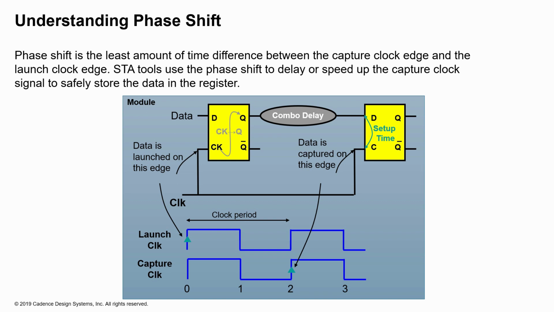So it's possible that you're using a positive edge clock on one end and a negative edge clock on the other end. So you're pretending that there is a shift in the clock itself, and you use the negative clock in one case and the positive clock in the other case.